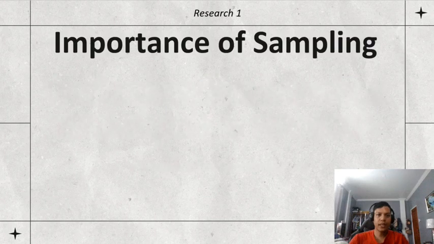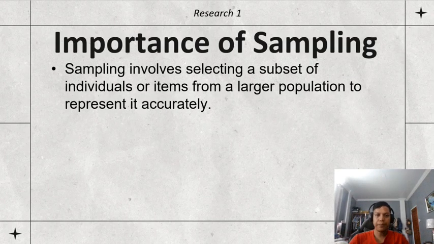First, we're going to discuss the importance of sampling. Sampling involves selecting a subset of individuals or items from a larger population to represent it accurately. Instead of asking questions or distributing the survey questionnaire to the entire population, we'll just get a sample.